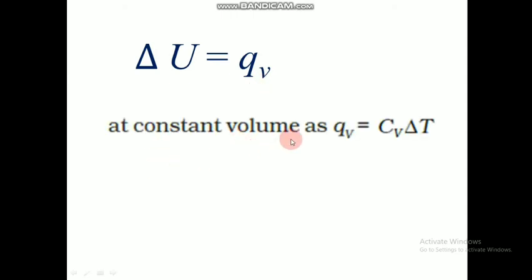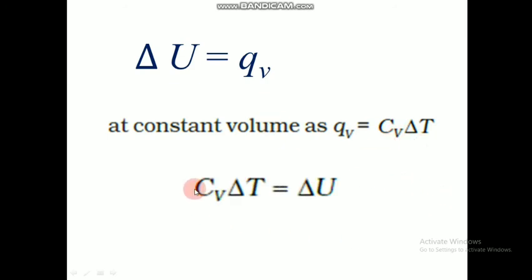And yesterday we studied that at constant volume the heat exchange QV is equal to CV delta T, and CV is the heat capacity of that particular substance at constant volume. So this equation we are applying here.